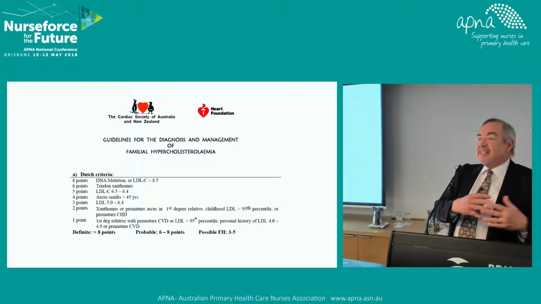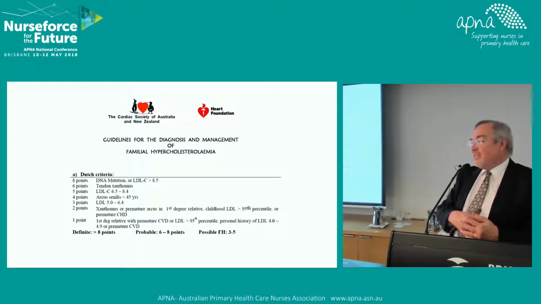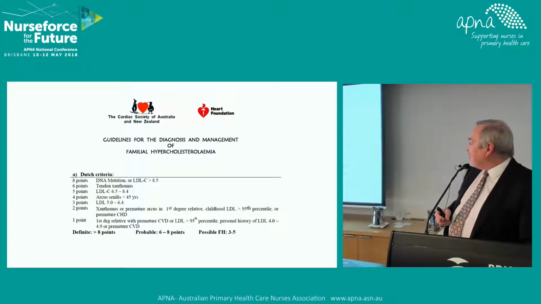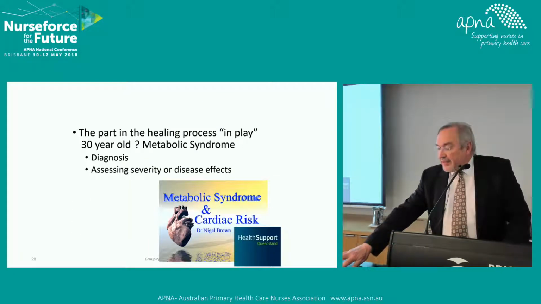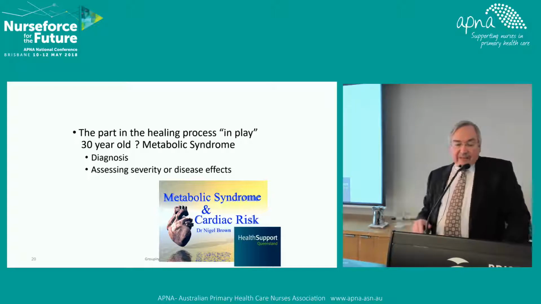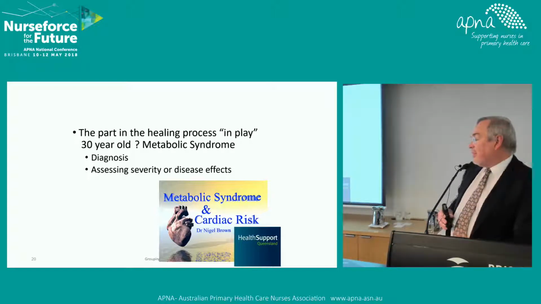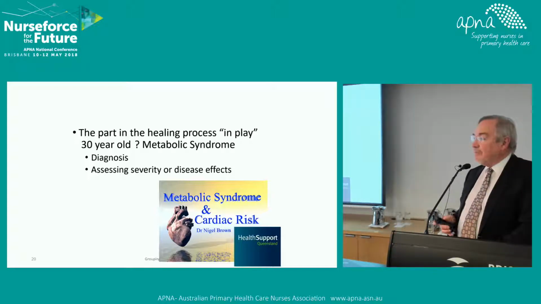So although DNA testing is coming onto the scene more and more, it doesn't always give us the answers we need at this point in time. So that was the talking about the child with query familial hypercholesterolemia.